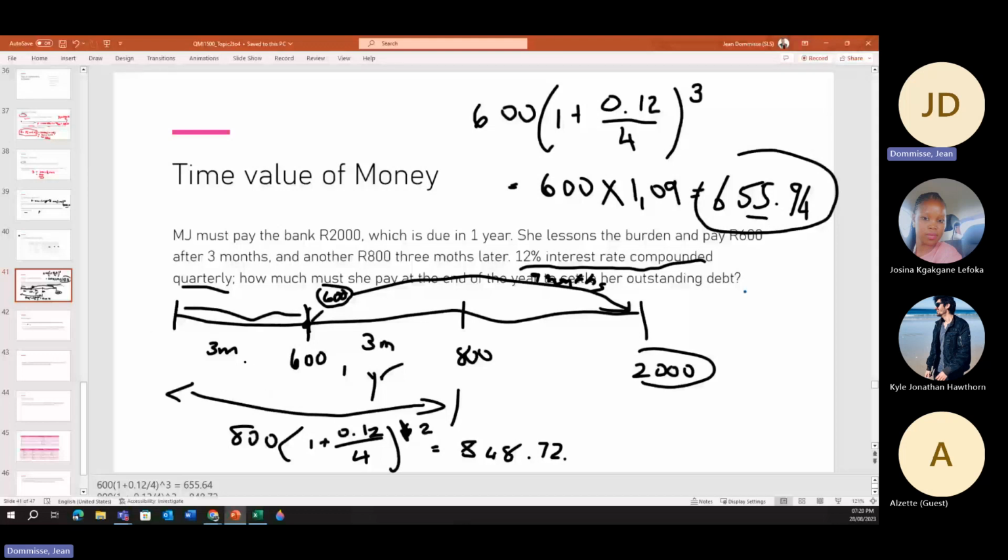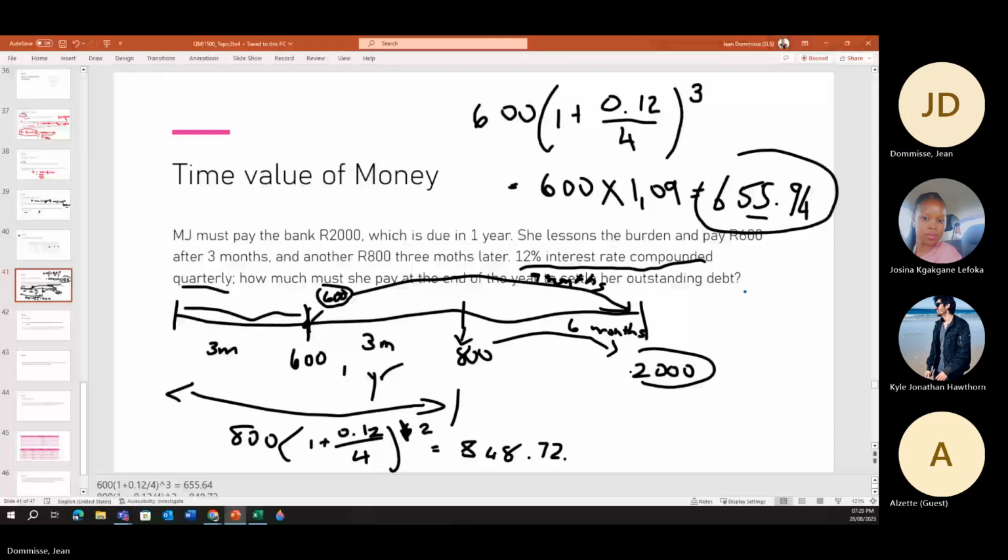The same with the 800, because she's paying 800 here, we actually give that 6 months to her, that she's not paying extra 6 months because now she's catering for that earlier.